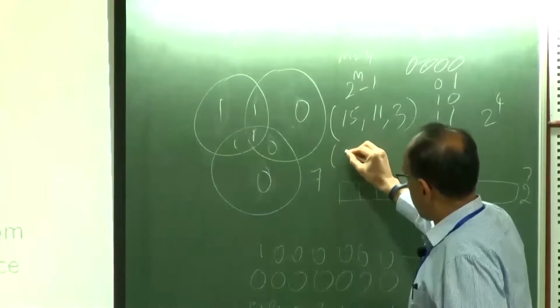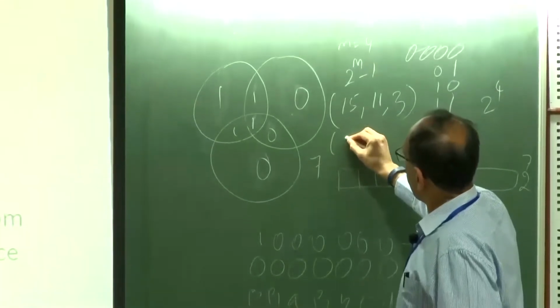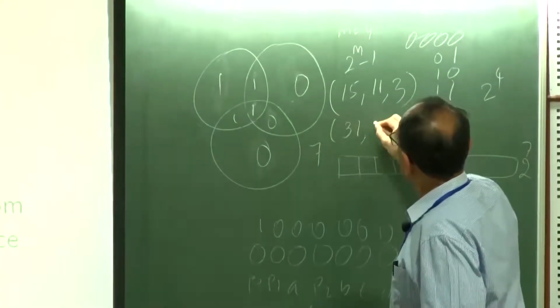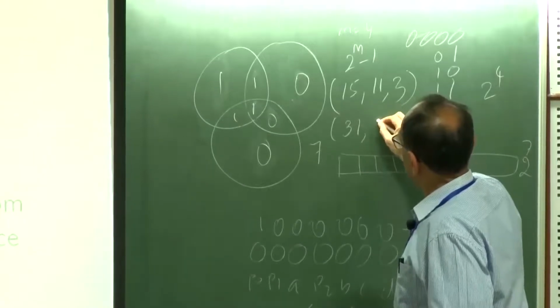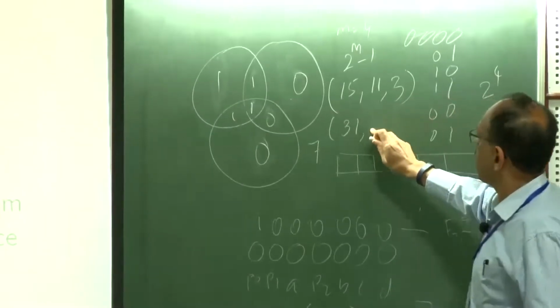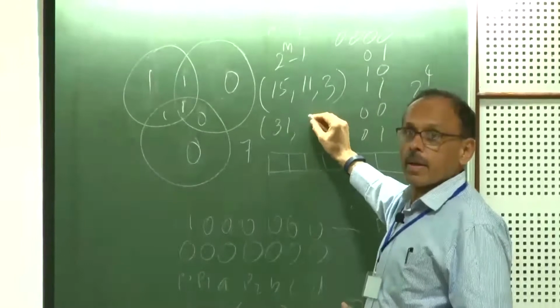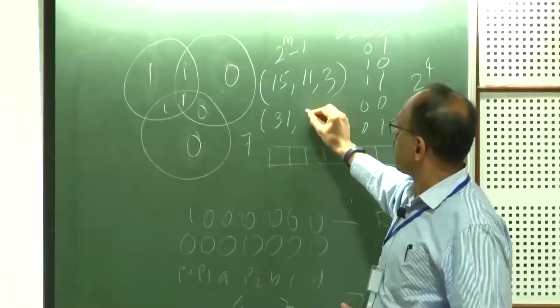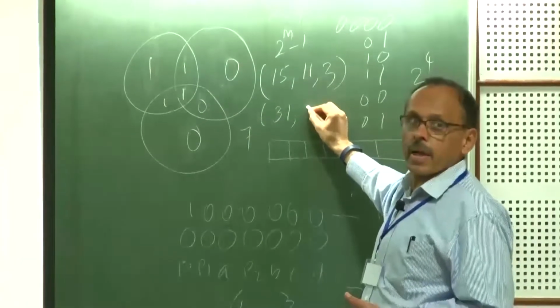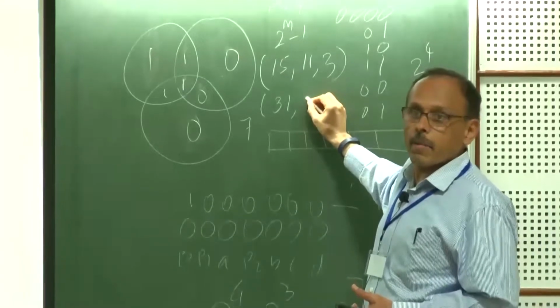Next will be 2 to the power of 5, which is 31, then minus 5.